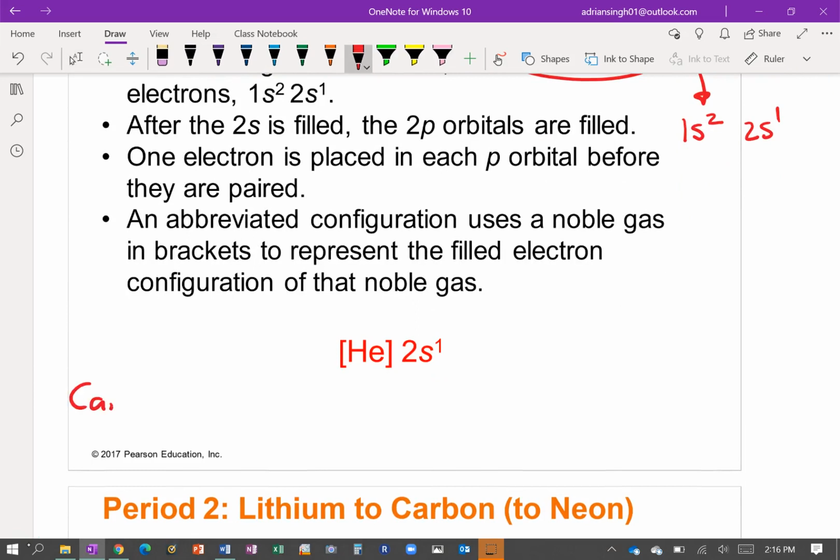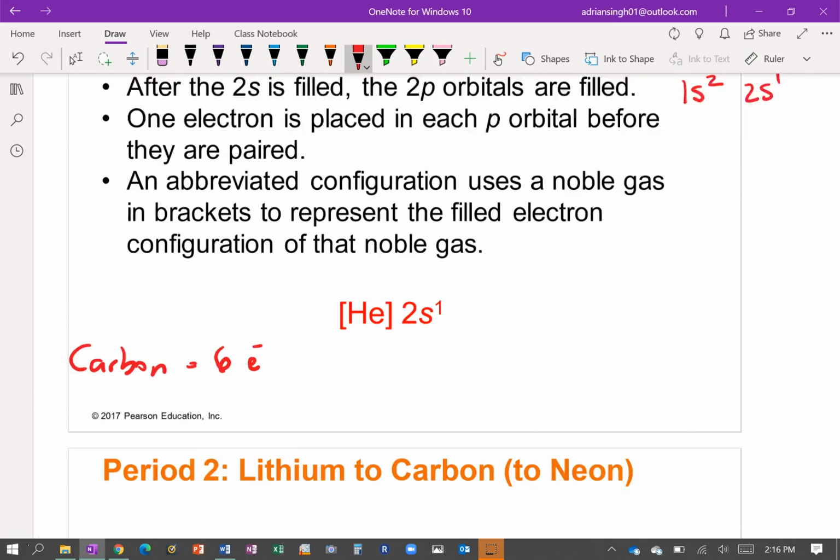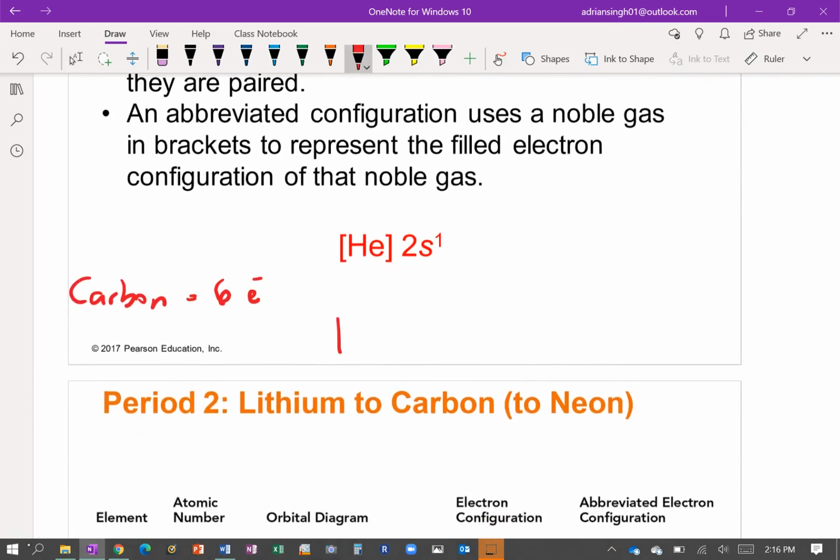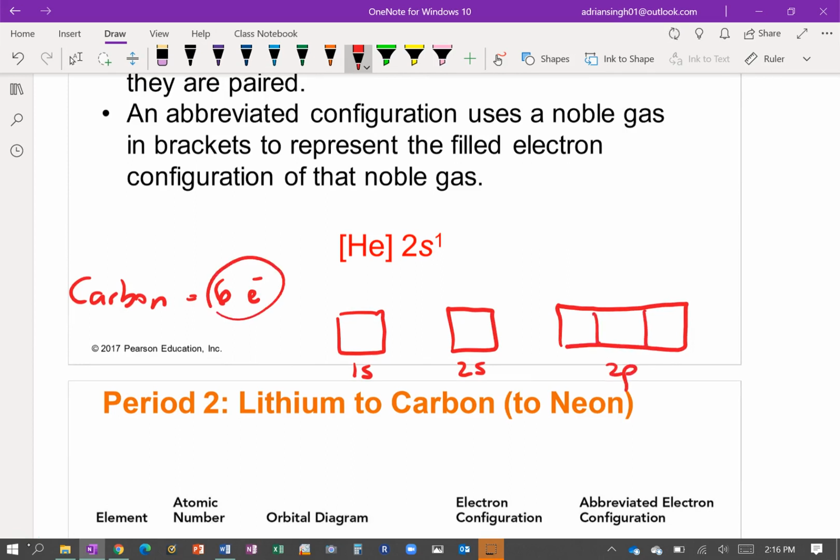Okay, so we said that carbon has atomic number 6, so it's got 6 electrons. So our orbitals, we start with the 1s, the 2s is next highest in energy, and our 2p has 3 of those orbitals. So we have 6 electrons. The first one goes in, second one pairs up, third one goes in, fourth one pairs up.